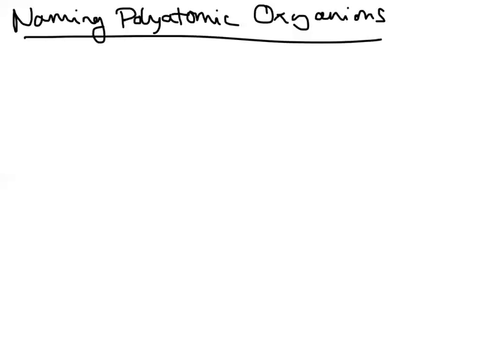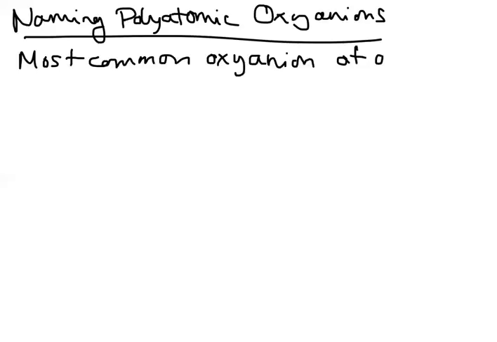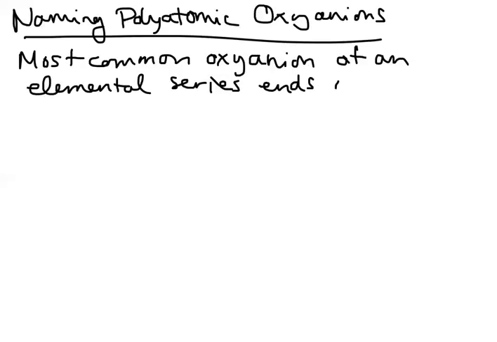The first rule for naming oxyanions is that the most common oxyanion of an elemental series ends in -ate. I will explain what that means. Let's just write it down first. So the most common oxyanion of an elemental series ends in -ate.